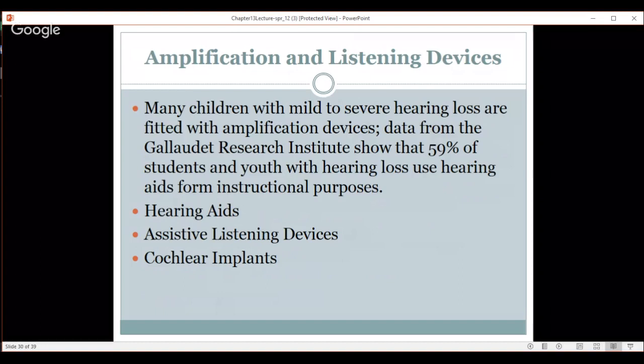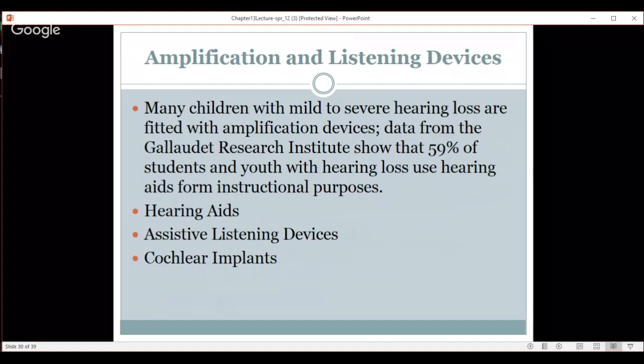Typically the speaker or the teacher, in most cases in a school setting, would wear a small microphone that transmits to the listener's device or the receiver. The receiver can be something like a necklace with a pen-looking piece hanging down from it, or it can be a desktop speaker that the child puts in the corner of their desk to amplify the sound coming from the teacher's microphone.